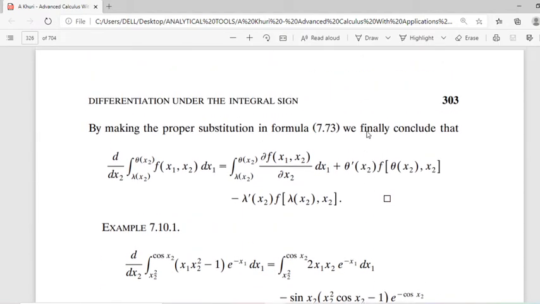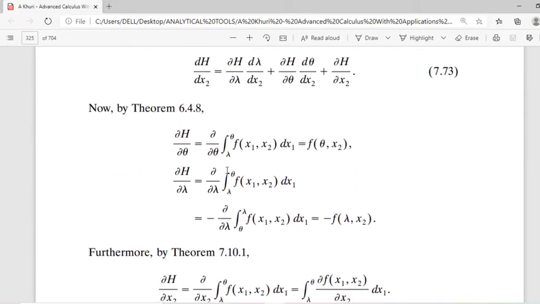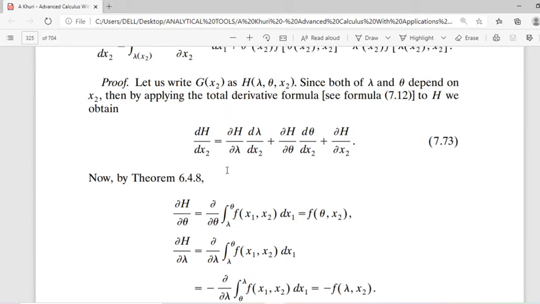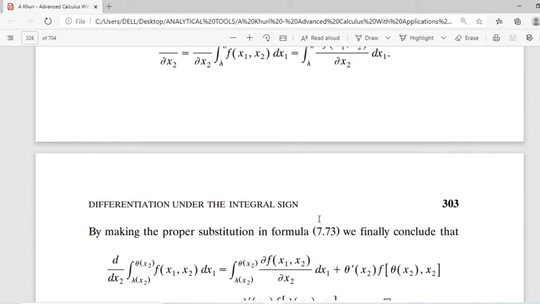H is nothing but the integral from lambda of x2 to theta of x2 of f of x1 comma x2 dx1. So we have substituted that result. Then dh by dx2 equals, from 7.7.3, dou h by dou theta times dou theta by dou x2, plus dou h by dou lambda times dou lambda by dou x2, and dou h by dou theta is given here, that is f of theta comma x2. You can substitute that result.